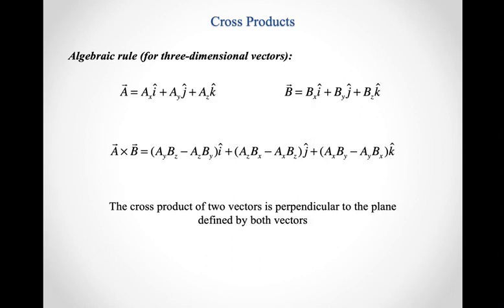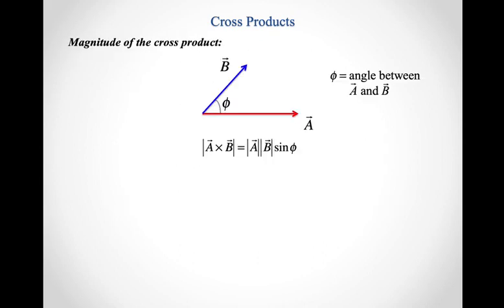If you think back about the two-dimensional vectors, our vectors just had x and y components, and their cross product pointed in the z direction. That's telling us that our two vectors lay within the xy plane, and their cross product was perpendicular to that plane by pointing in the z direction.